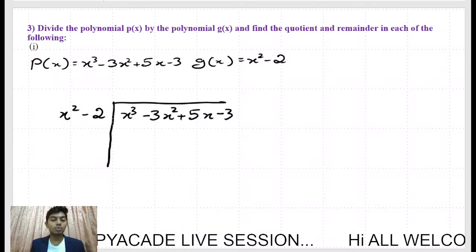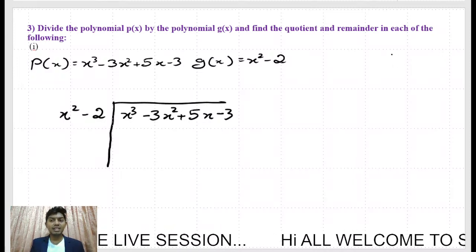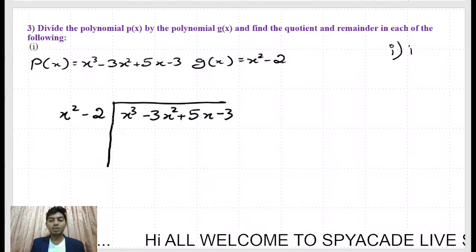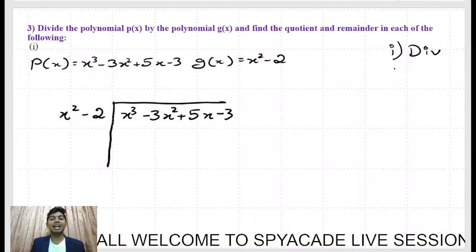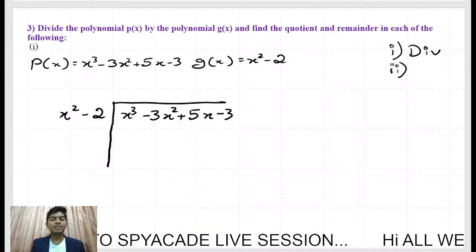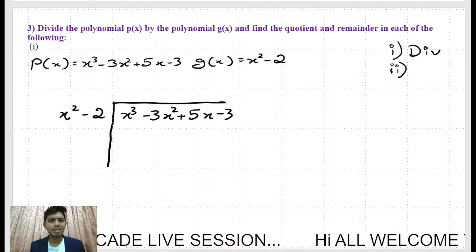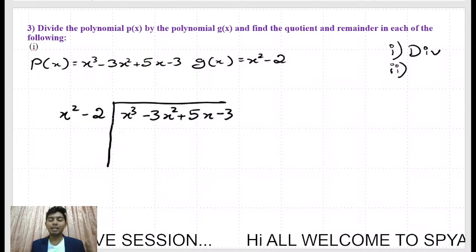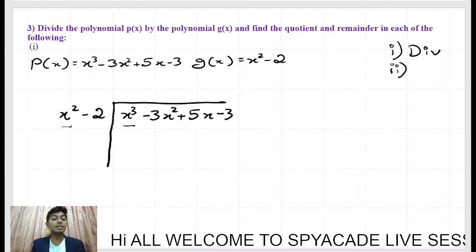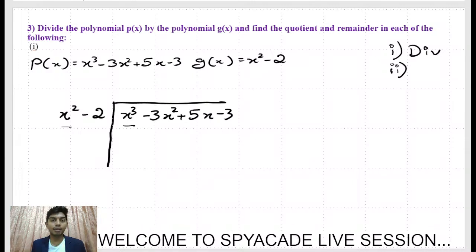X square minus 2. Now, I told you 3 steps. What are those 3 steps? First you divide. What to divide? Just check the first term here, that is x cube, and check the first term here, that is x square.